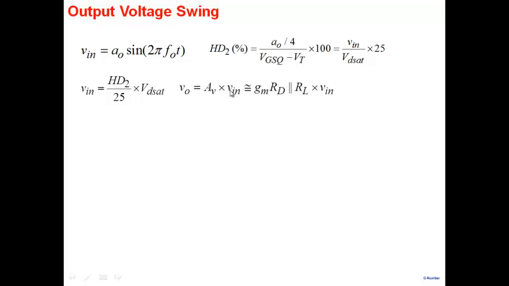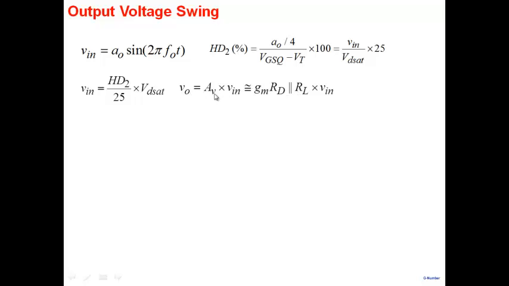That's how a limit on output swing comes from the point of view of distortion. Once again, distortion limits the input voltage you can apply, and since output and input are directly related, that limits how large an output voltage you can get.